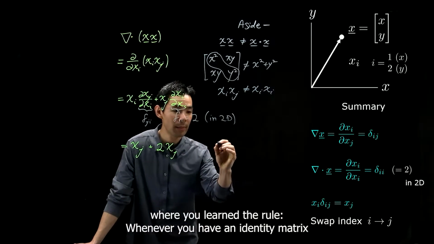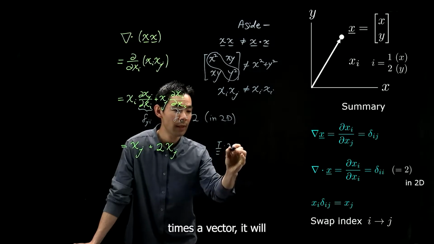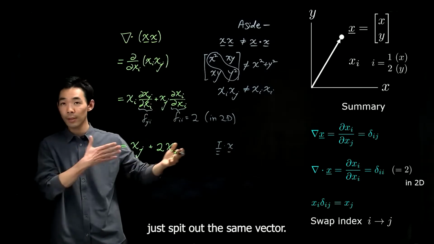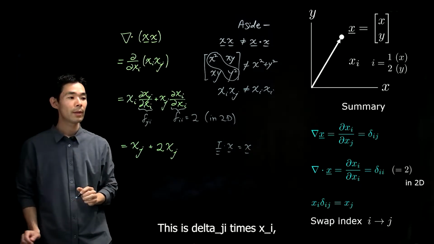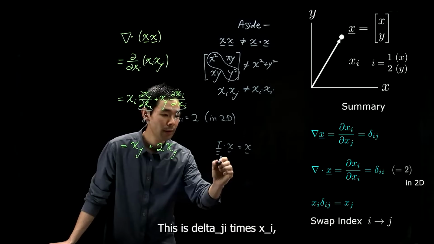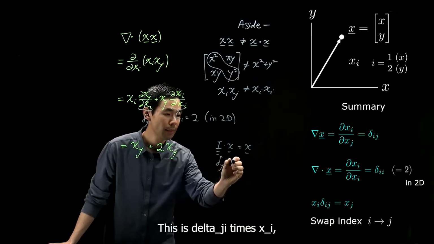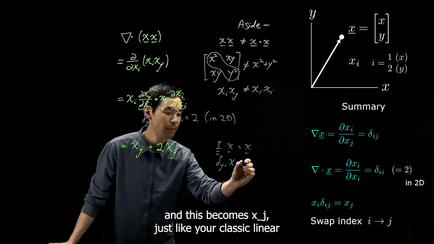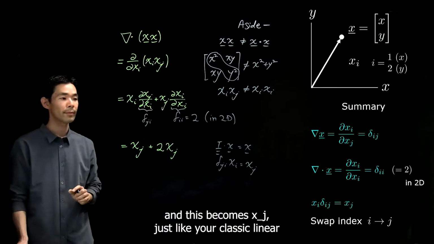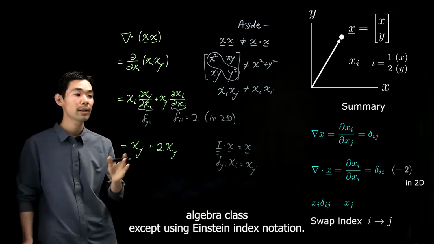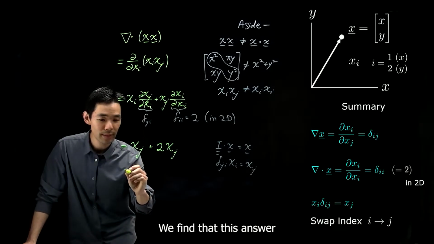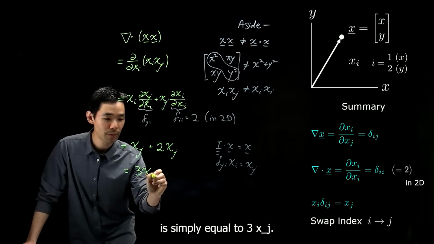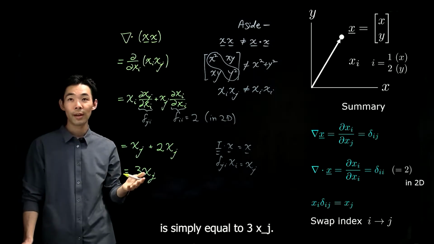Whenever you have an identity matrix times a vector, it will just spit out the same vector. Okay? So this is kind of like your delta ji times x_i, and this becomes x_j. Just like your classic linear algebra class, but now using Einstein index notation. So ultimately what we find is that this answer is simply equal to 3 times the vector x_j.